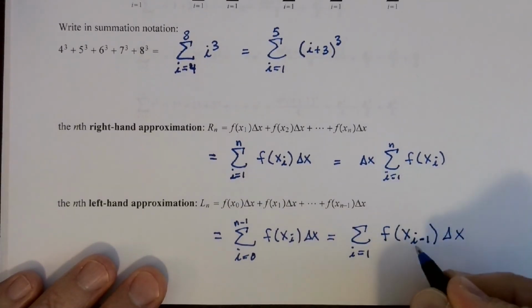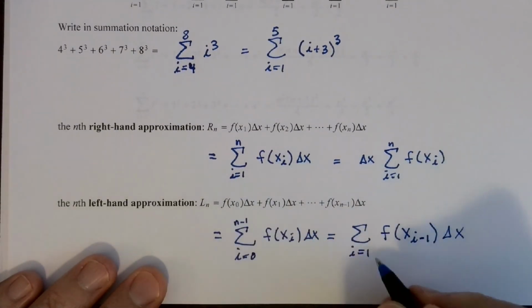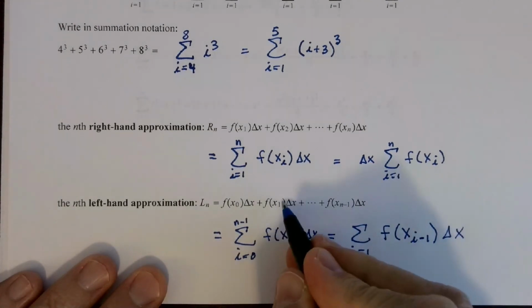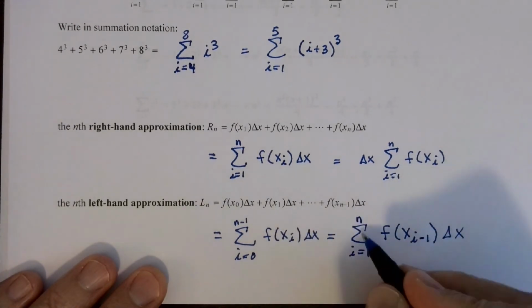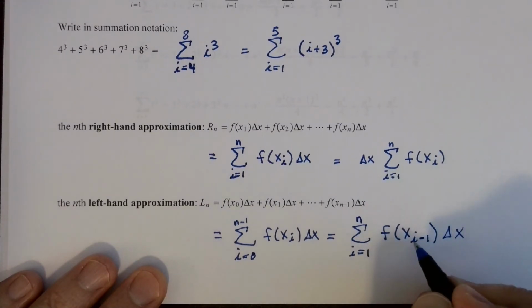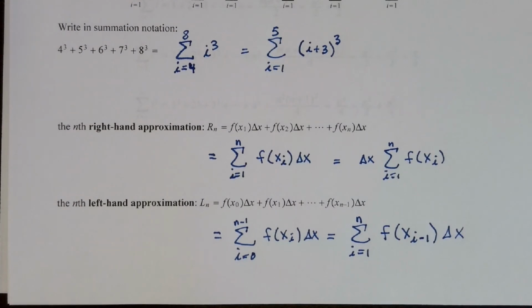So when i is 1, 1 minus 1 is what? 0. You get x sub 0. When i is 2, I get 2 minus 1, I get x sub 1. And so on. So this is going to go all the way up, in this case, to n now, because when I plug in n, the last one, I get n minus 1. Get that one right there. Okay. So there is the notation that we use for those.